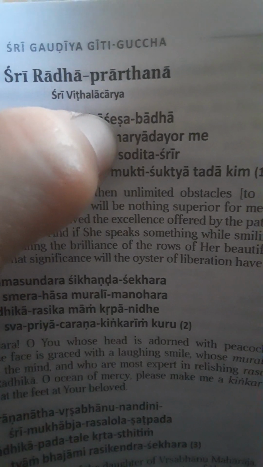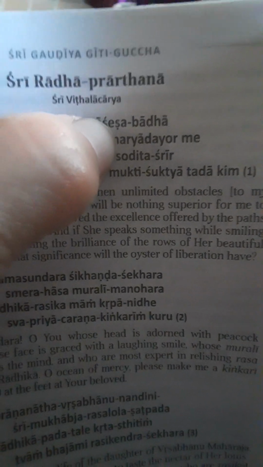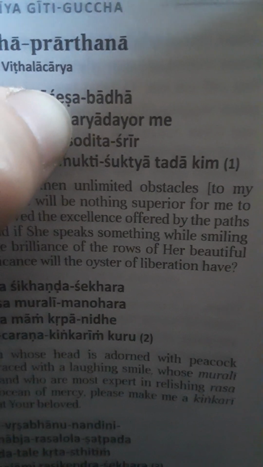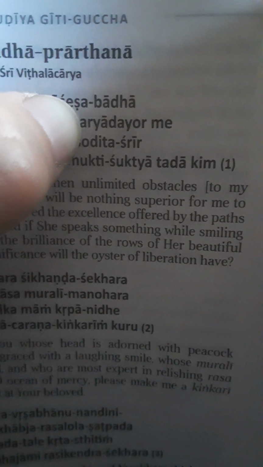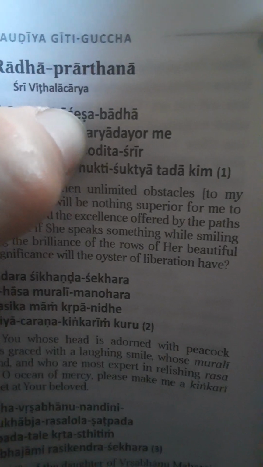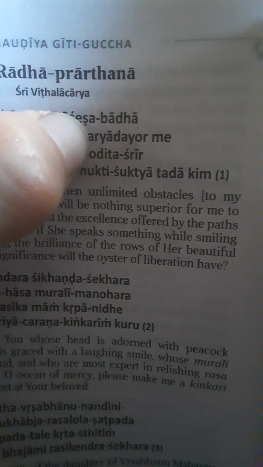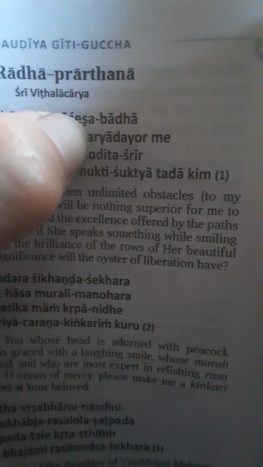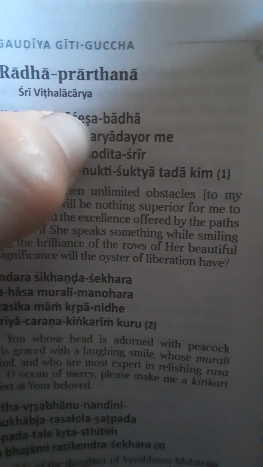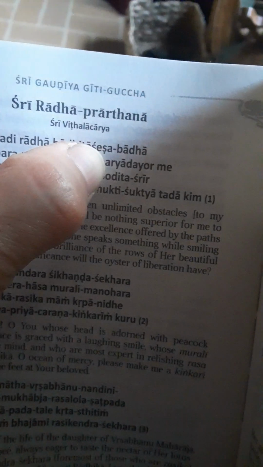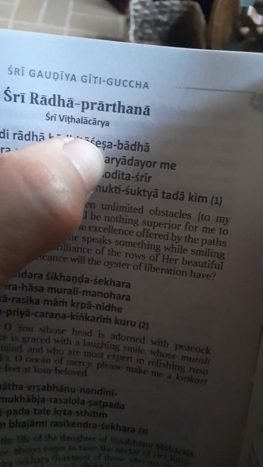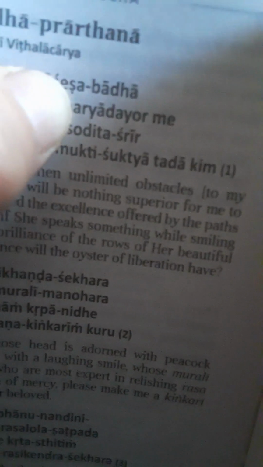"Maya." Now, with RY, I want to say that in Sanskrit grammar, R, Y, and V are all considered semivowels, which also means that they are semi-consonants.